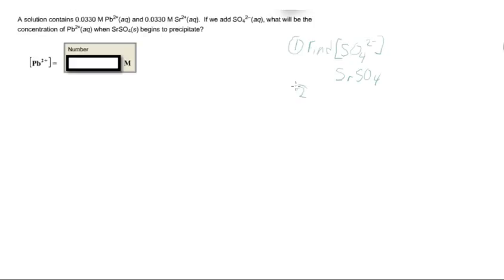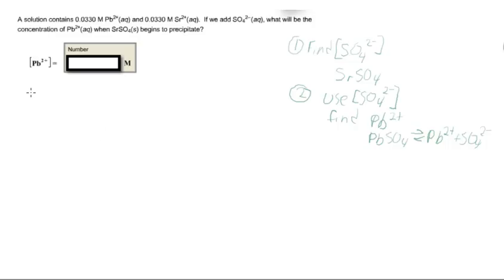And then step two, we're going to use that concentration of sulfate that we just found to find the concentration of lead from the equation lead sulfate. Okay. So, how do we do this?